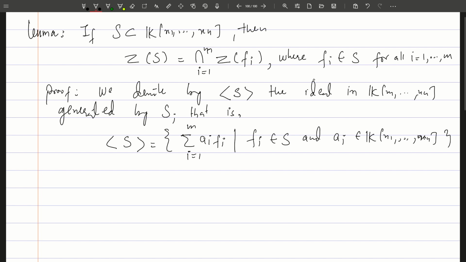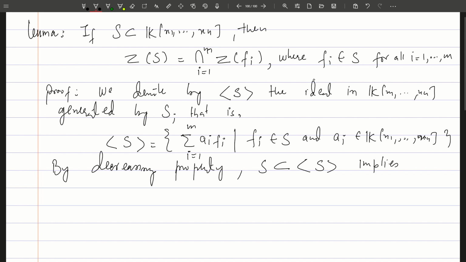This is true for all i. Now by the decreasing property, which we mentioned earlier, since S is contained in the ideal generated by S, this would imply the zero set of S contains the zero set of the ideal generated by S.